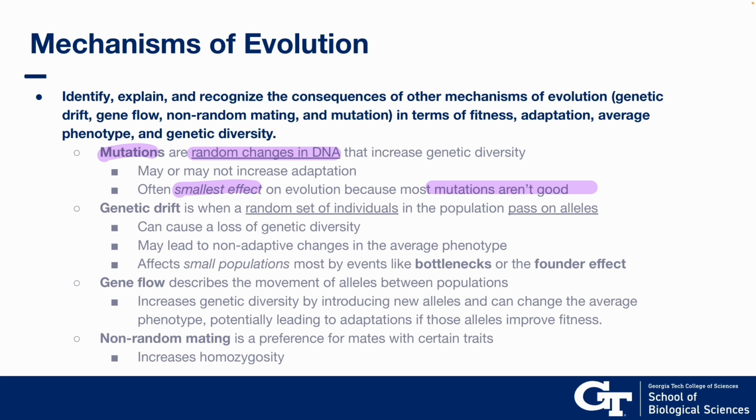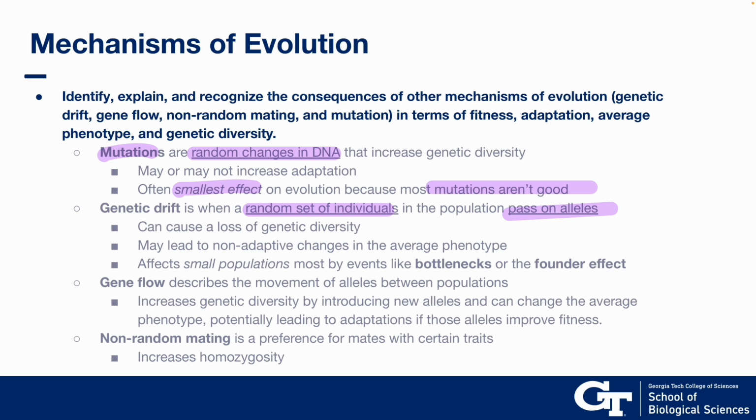Next, we have genetic drift and gene flow. To me, they're pretty easy to get mixed up or to confuse. I know I made that mistake, so let's try and keep them separate. So genetic drift is when a random set of individuals pass on alleles within a population. So again, we are just changing the allele frequency in a population, caused by individuals in that population.